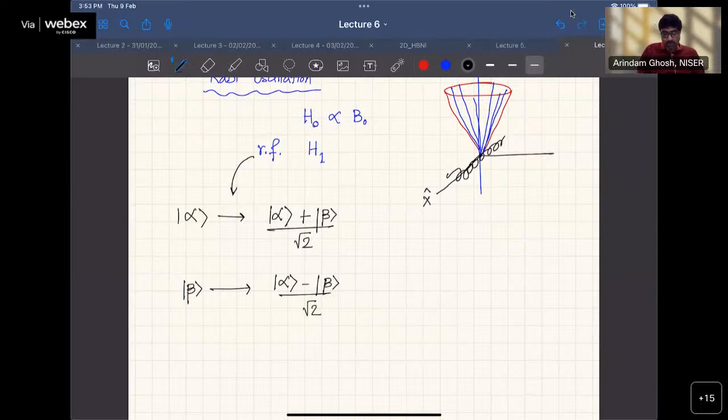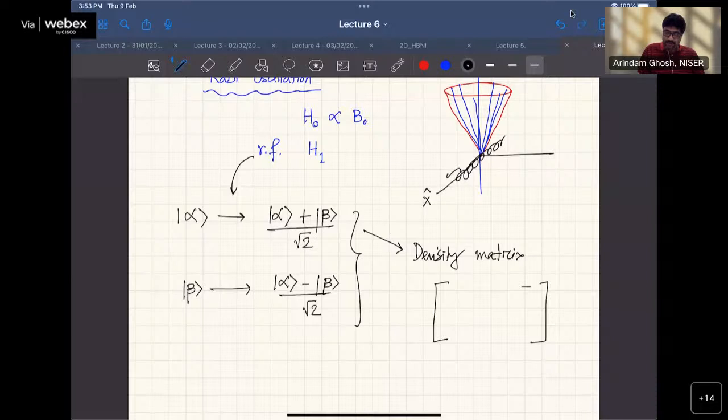Once these states are there, it can be shown that the corresponding density matrix, a 2 by 2 matrix, has off-diagonal elements. These are non-zero.